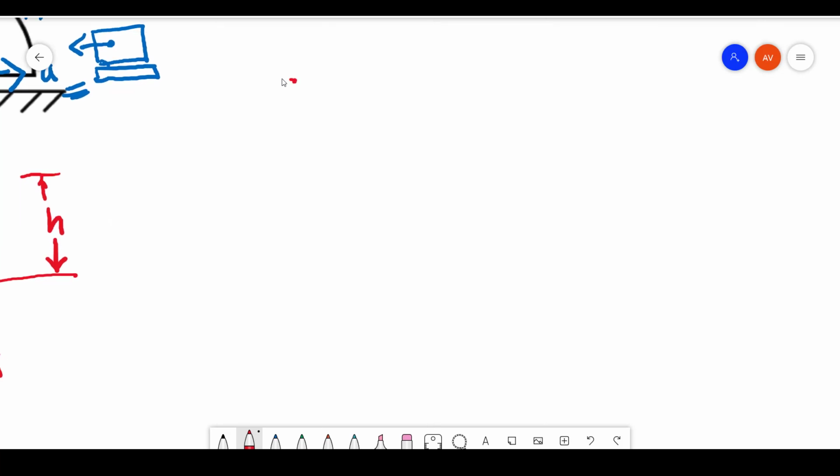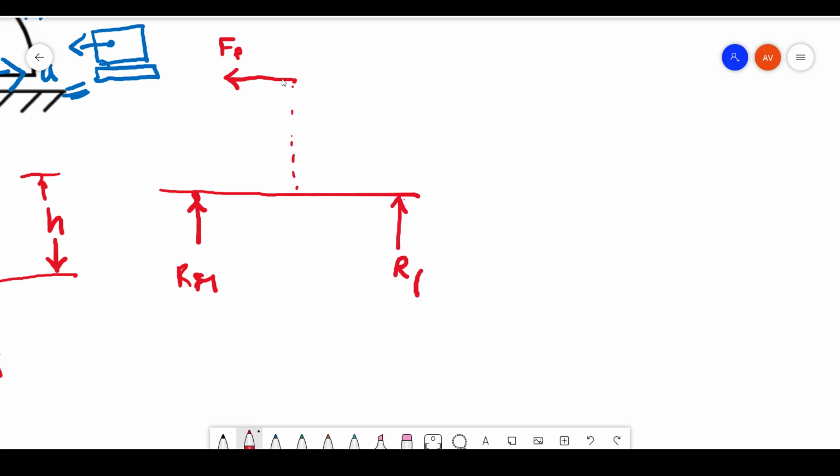You are having your pseudo force here, and this is your point. So let's say this is your RR, and this is your RF. So the total length is going to be L, and this height is H.